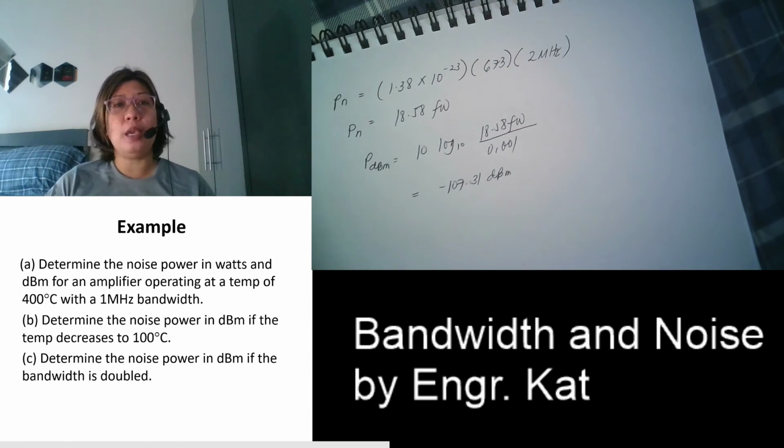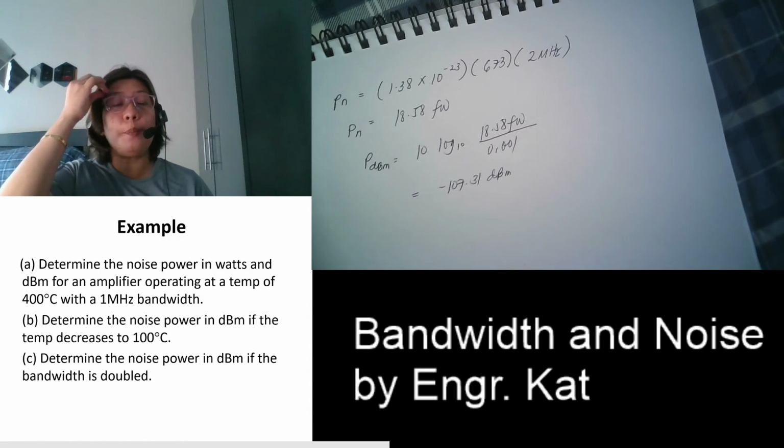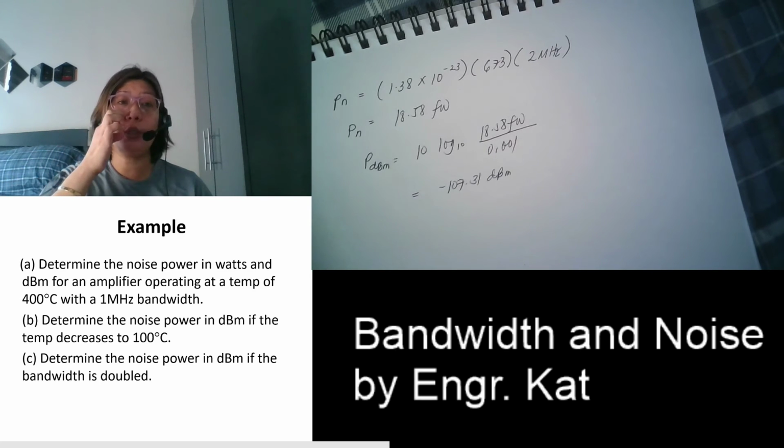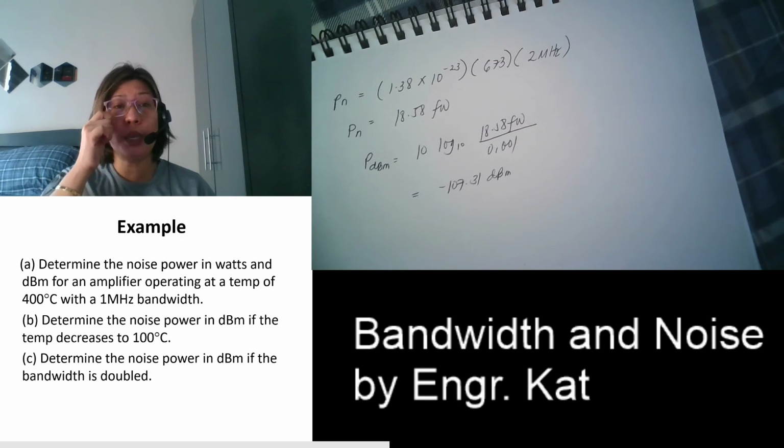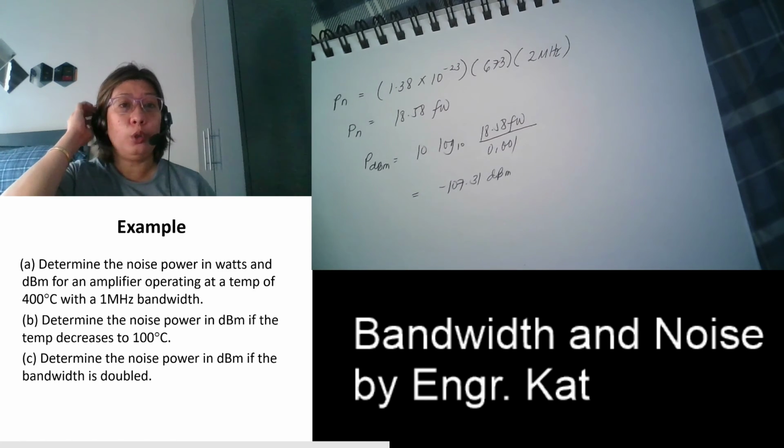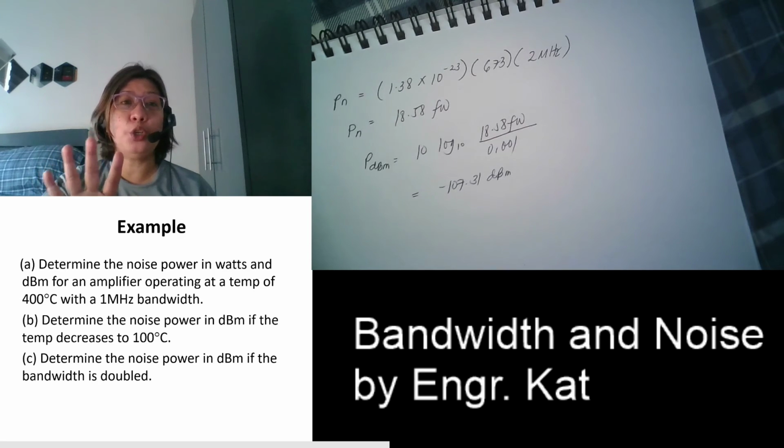So in comparing, you just change one parameter, and then make use of the original value for the rest of the parameters. Just like in our letter B, we make use of the same bandwidth. We just change the temperature to get the relationship between the noise power and the temperature.